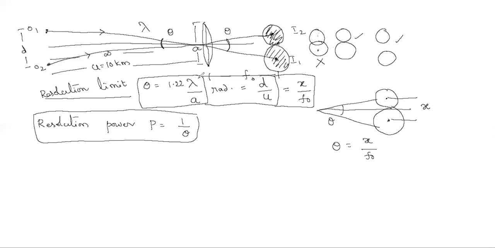Resolution power means we take the reciprocal of theta, A by 1.22 lambda. This is for a telescope.